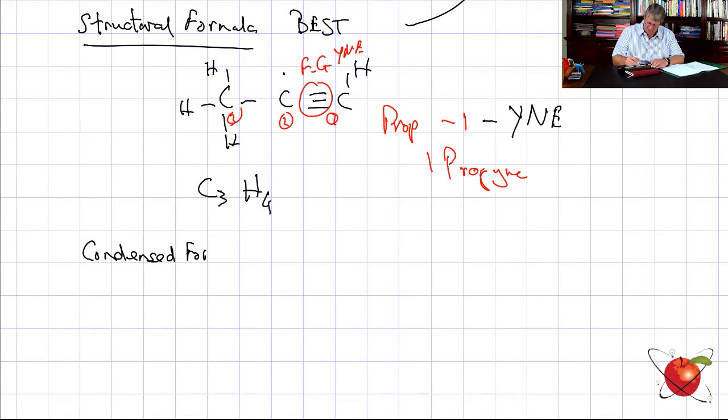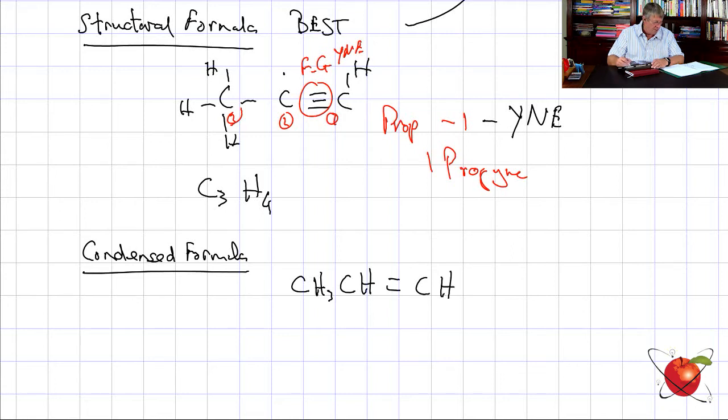The condensed formula is going to be written CH3, CH, double bond, CH, CH3, like that. It's condensed. What does that mean? It means I've got a carbon on this side with 3 hydrogens.